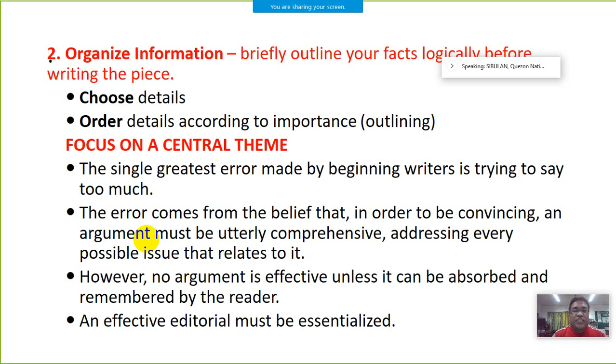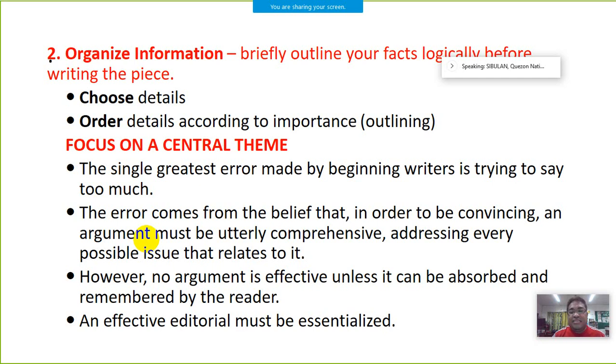Now, what is the common danger among beginners in writing editorial? One of the greatest errors they encounter is trying to say too much. That's why we have to choose only the details that matter. They also believe that in order to be convincing, an argument must be utterly comprehensive, addressing every possible issue that relates to it.